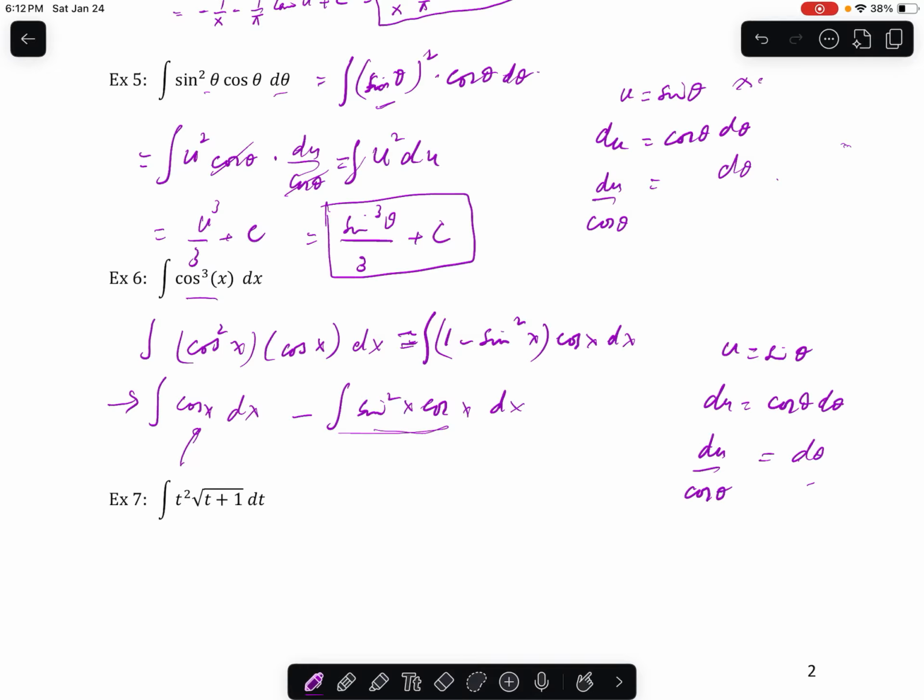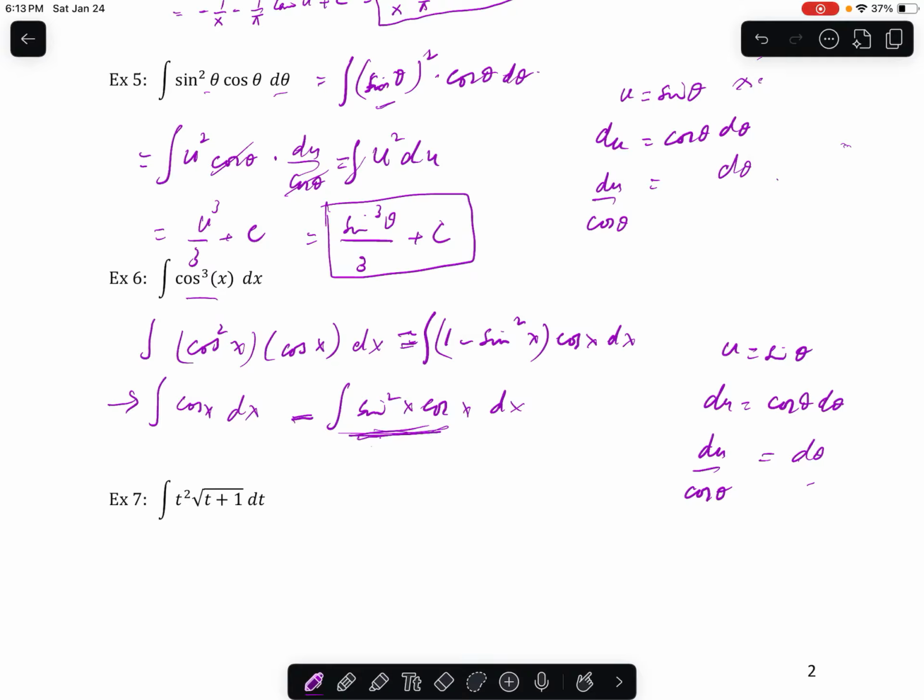We come here, first integral, I will just leave it as it is. I mean, I can evaluate it here, but let's just leave it as it is, and then we do both of them together. So now the sine squared, we can use a substitution here.